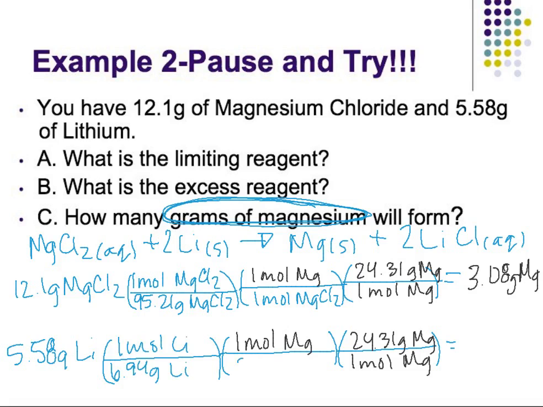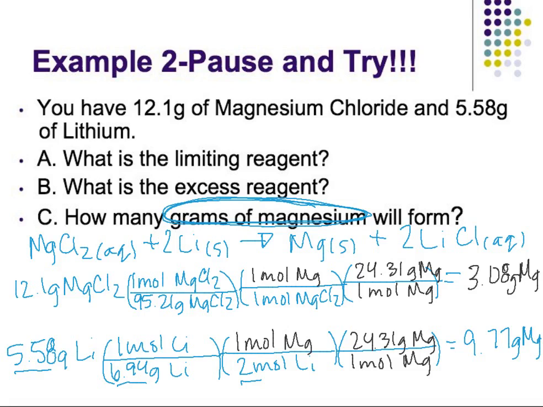And from the balanced chemical equation, 2 moles of lithium in 1 mole of magnesium. Once we do this calculation, we've got 5.58 divided by 6.94 divided by 2 times 24.31 gives us 9.77 grams of magnesium.